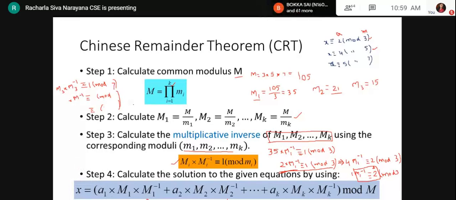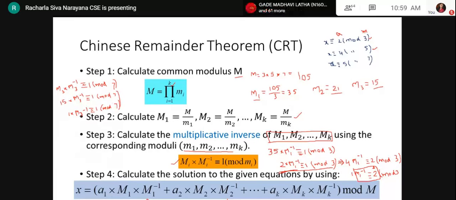Here capital M3 is 15. So 15 into m3 inverse congruent 1 mod 7. Now 15 mod 7 is 1. So 1 into m3 inverse congruent 1 mod 7.